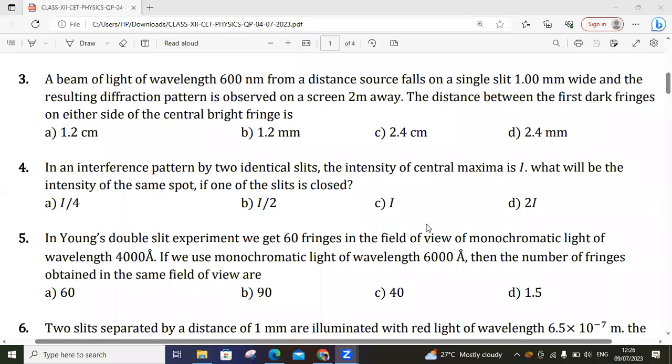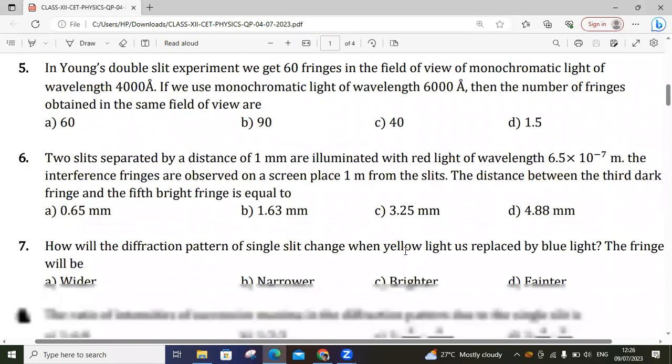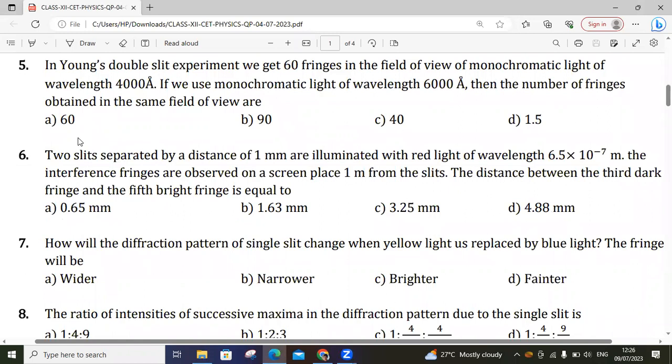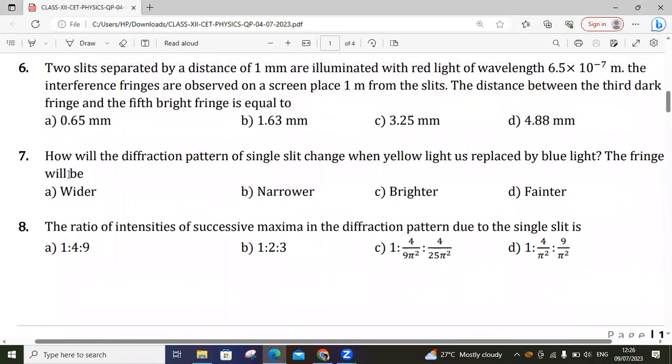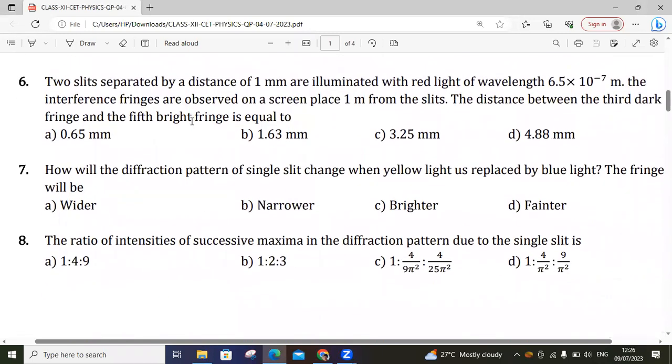The next question is the sixth question. So what is the sixth question? Two slits separated by a distance of 1 mm, this is d, are illuminated with red light of wavelength lambda.